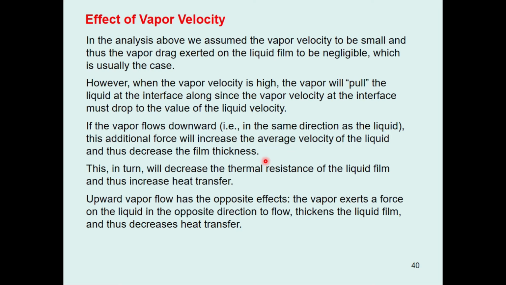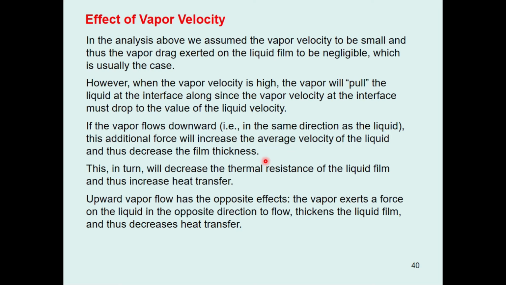However, in most cases, the vapor velocity is very high. The vapor will pull the liquid at the vapor-liquid interface along, since the vapor velocity at the interface must drop to the value of the liquid velocity, right? If the vapor velocity is very high and it comes in contact with the liquid, ultimately the vapor velocity will fall and be equal to the liquid velocity.